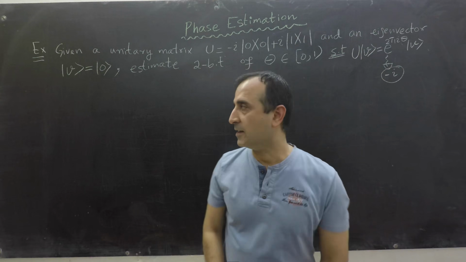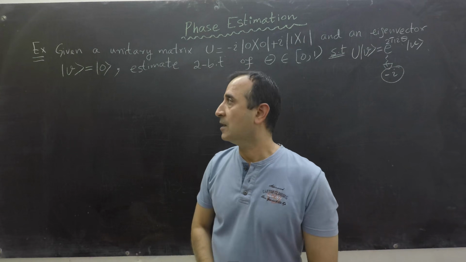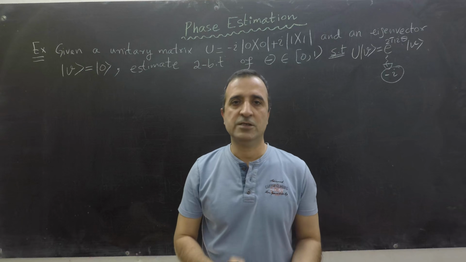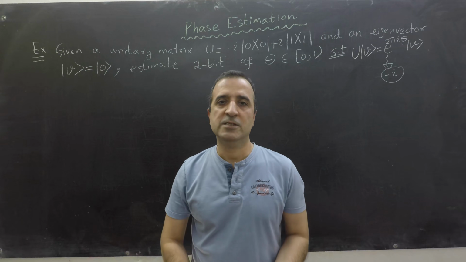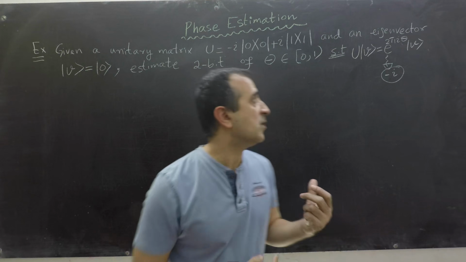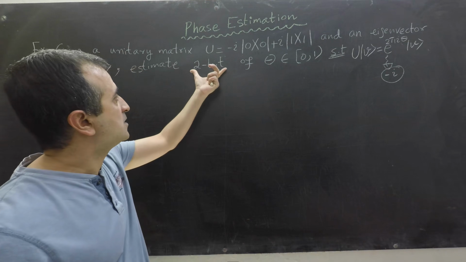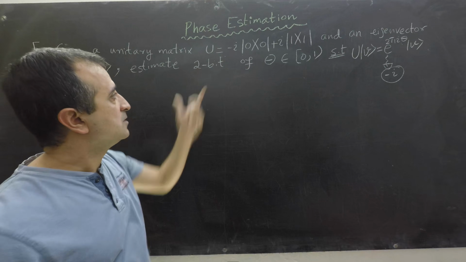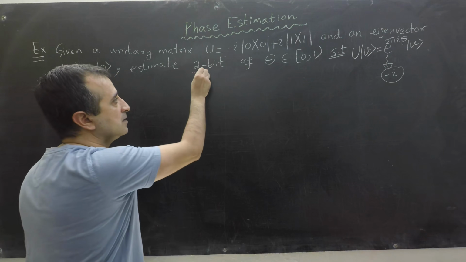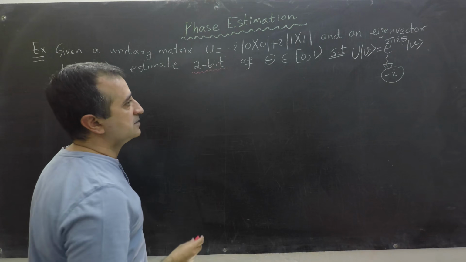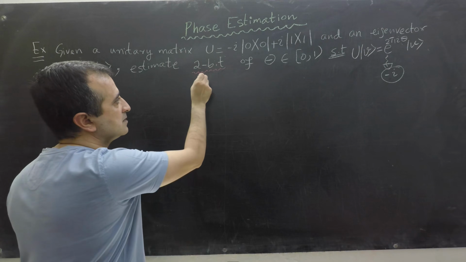We start by creating our quantum circuit. Our quantum circuit will have two registers. The size of the first register depends upon how much we want to estimate. In this case we want to estimate 2 bits of theta. So the size of the first register will be equal to 2 bits. Let's say it is m.